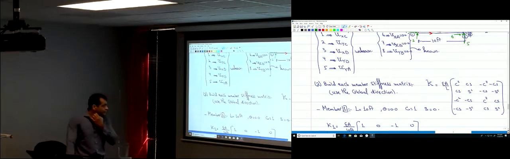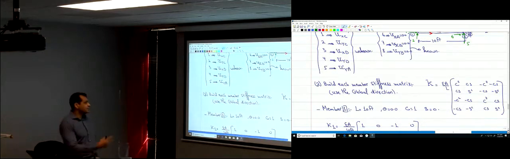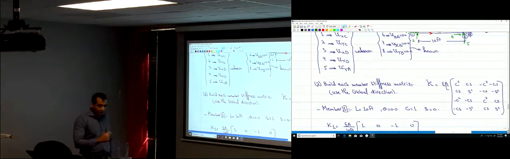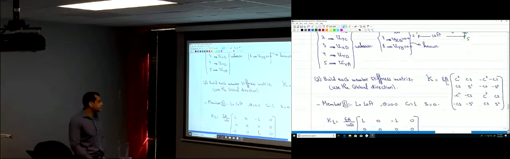So the direction of the member is very important. Here you have to understand that the start and the end of the member play a very important role. If you switch the start and the end, the direction is going to be switched. Instead of being positive 45, it's going to be negative 45. Since you have an angle here, how you label your member, the start and the end of a member, is very important.